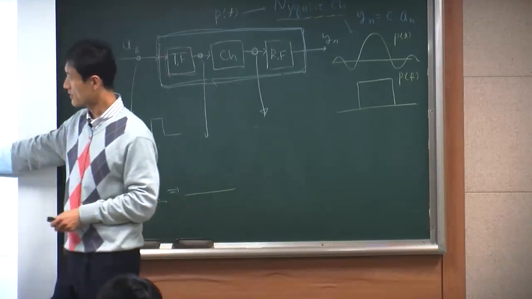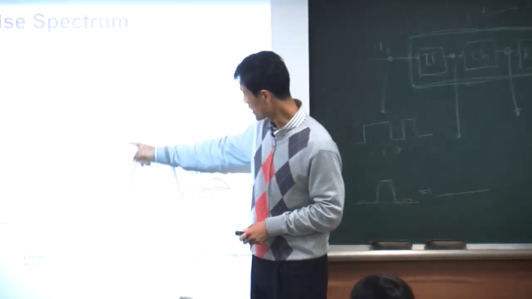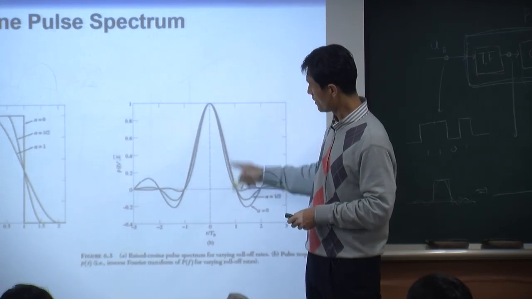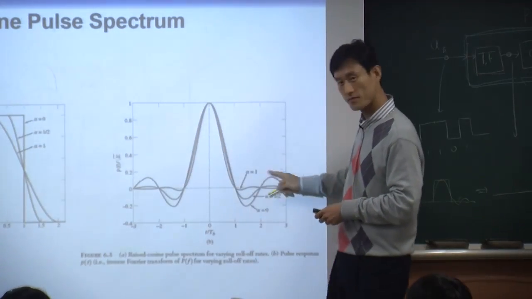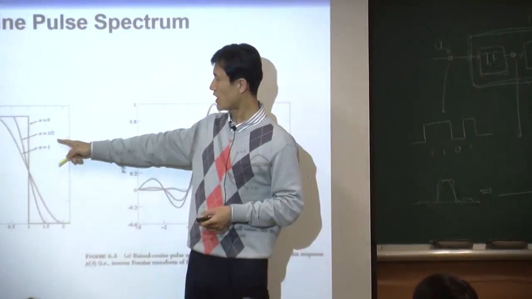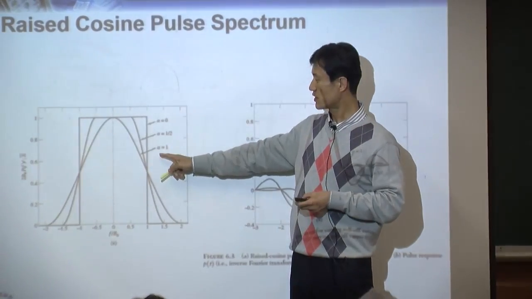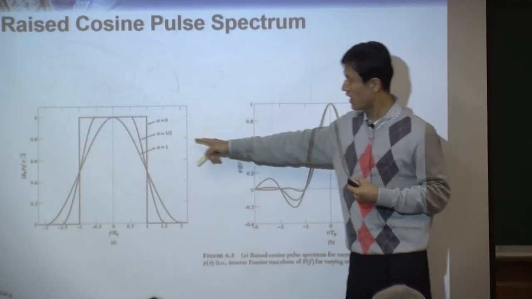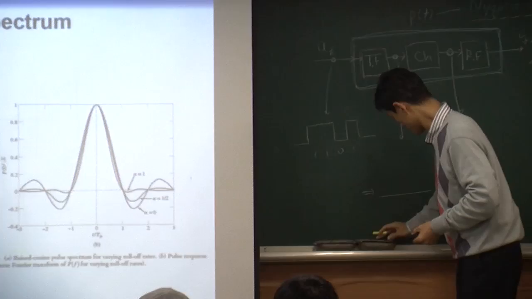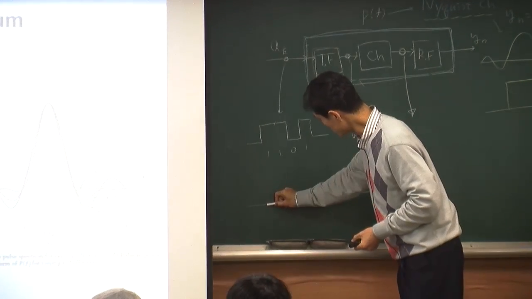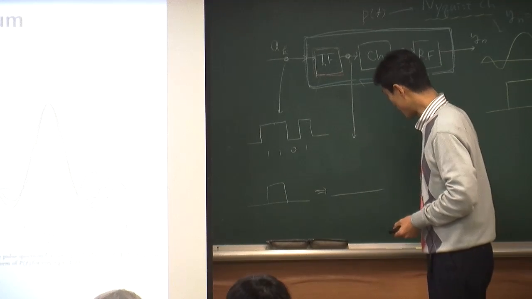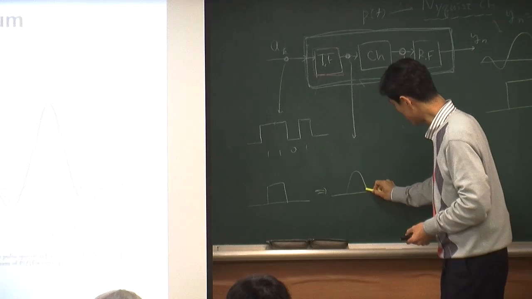So originally you have a pulse, but when you go through the raised cosine pulse, now your pulse is going to look like a sinc function. Depending on what raised cosine pulse you use, maybe alpha equal to 1 over 2 or alpha equal to 1, the exact shape is different. But originally you have a pulse coming in, and after the transfer filter, your pulse has a different shape like this.